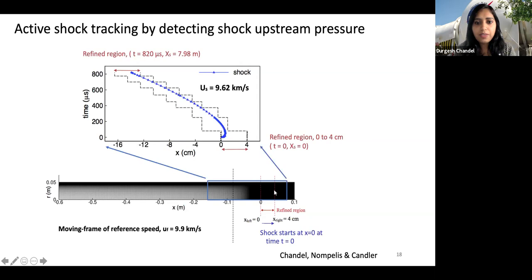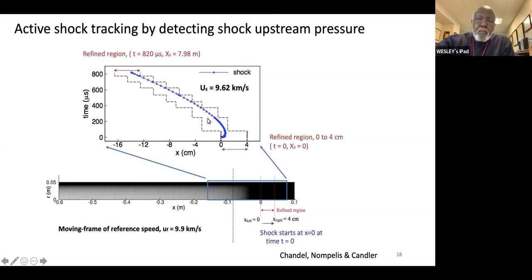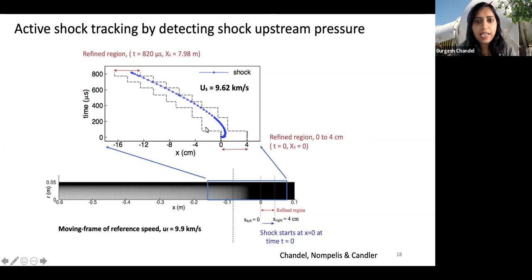So what we want to do is move the grid in with the shock and keep moving this refined region as the shock moves. Refined region is here, and as we detect the shock going backwards with respect to the grid, we move these refined region boundaries backwards also, so that for the next few flow times, the shock is well contained within the refined region.